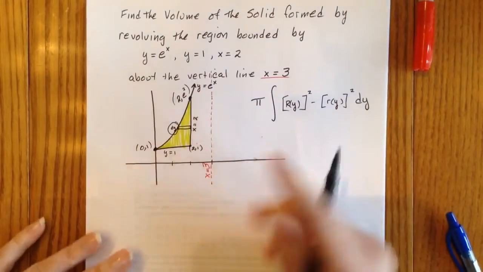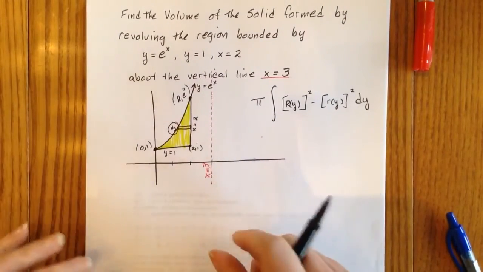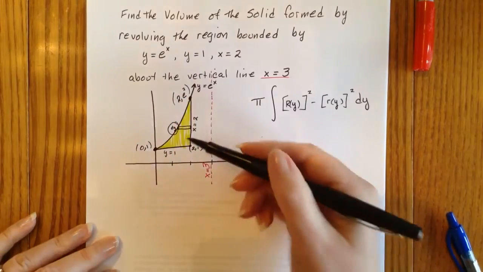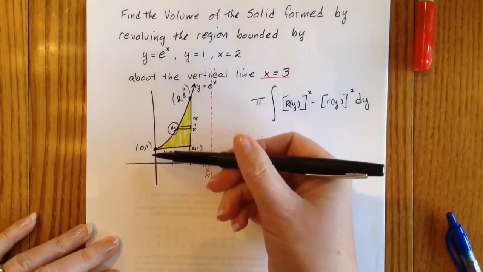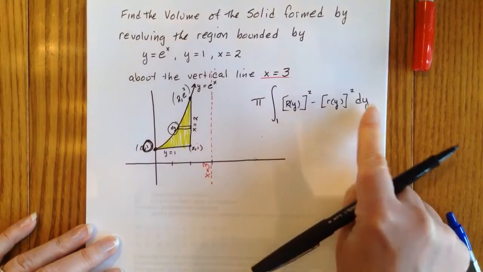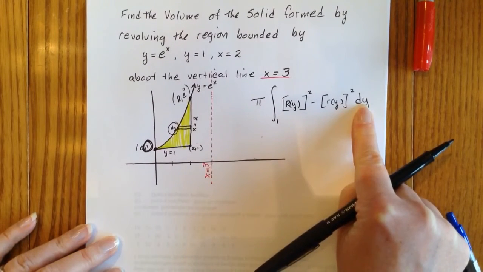Let's start with our limits of integration. I've taken the time to sketch this area out, and I've included all the points of intersection. When we look at these rectangles, the lowest rectangle would be the y coordinate of 1, not the x, the y.